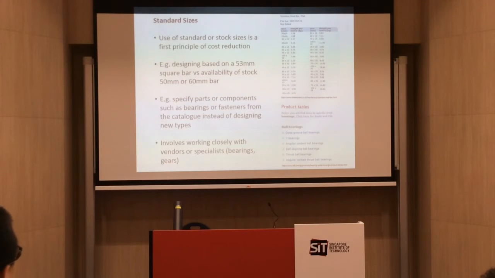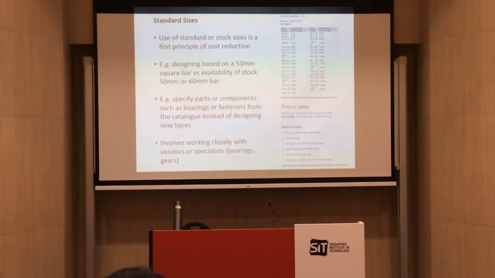Okay, one last thing. When we talk about machine elements, unless you are the gear designer, unless you are the bearing designer, we do not design the gears nor the bearings. What we normally do is we go to the workshop, we see what is available. So a principle when we design machines is that we will use standard stock sizes.